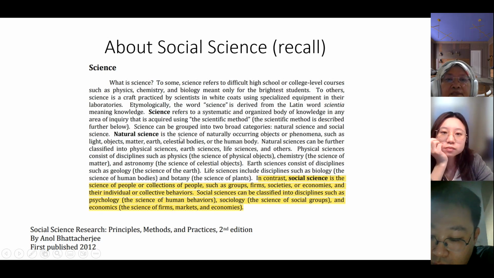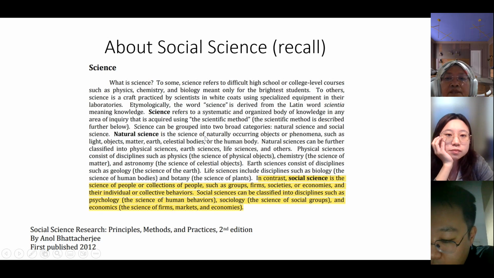Natural science is the science of naturally occurring objects or phenomena. You're studying light, objects, matter, earth, celestial bodies in the galaxy, or the human body itself. Natural science can be further classified into physical science, earth science, life science, and others.